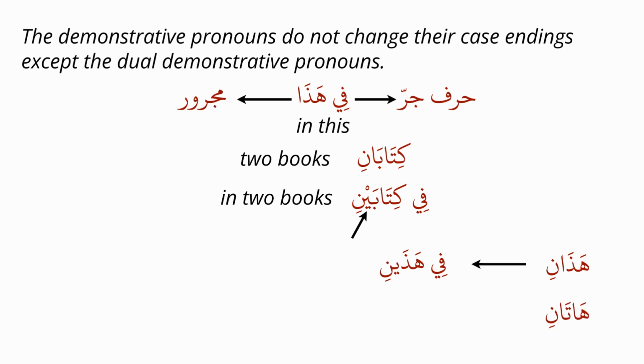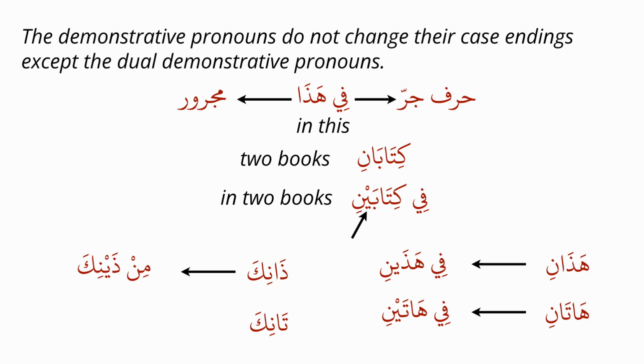Likewise, hatani becomes fi hataini, meaning in these 2, referring to 2 feminine entities. Dhanika becomes min dhainika, meaning from those 2, referring to 2 masculine entities, and tanika becomes min tainika, meaning from those 2, but referring to 2 feminine entities.